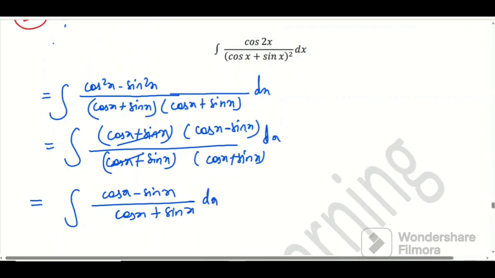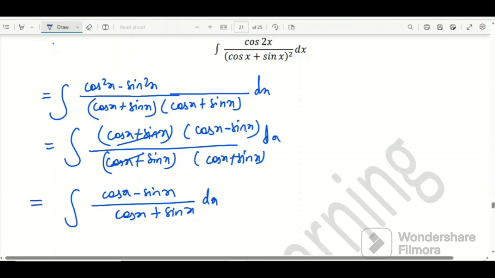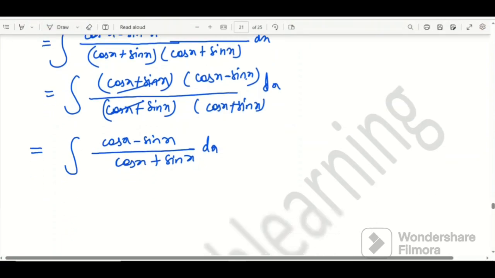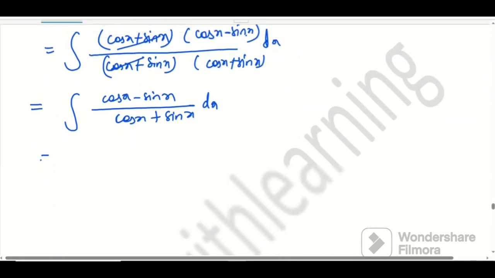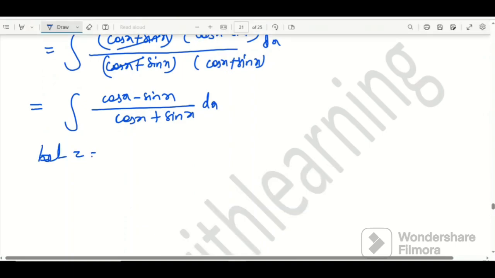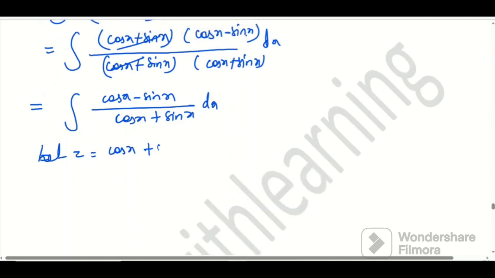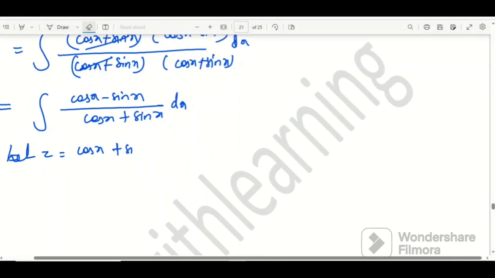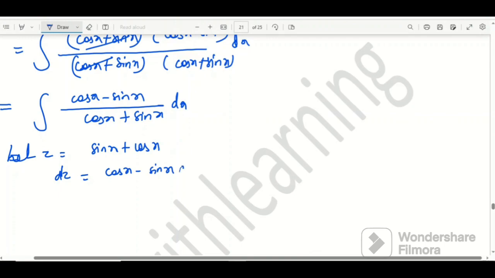You can try n number of trigonometric identities, there is no problem, but the answer will have to be the same at the last. We can substitute let z equal to cos x plus sin x. So differentiation of this will be, I'm writing, there is no problem even if I write sin at the first, sin x plus cos x. So it will be cos x minus sin x dx.